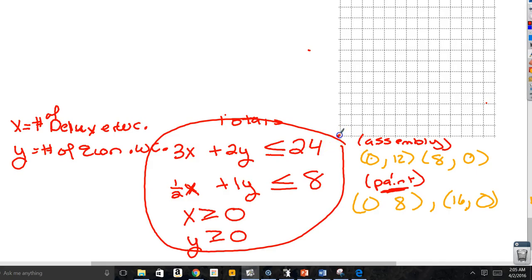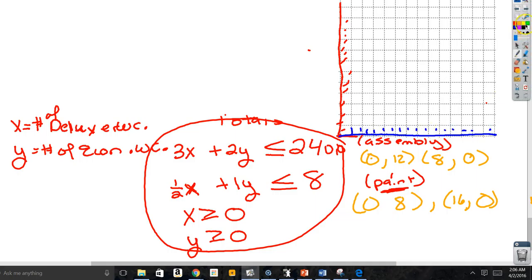Again, I'm going to use this as my 0, 0. So this is X equal to 0. And it says greater than, so I would be looking at this side of the shading. This is Y equals 0, so that's a horizontal line, and it says greater than, so I'm looking at this side of the shading.